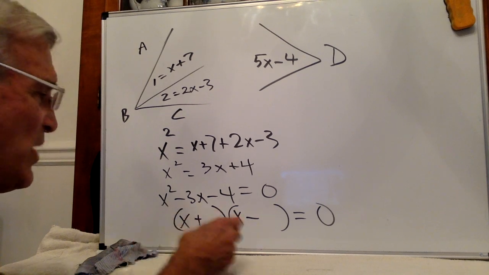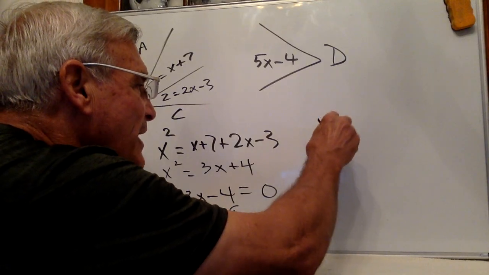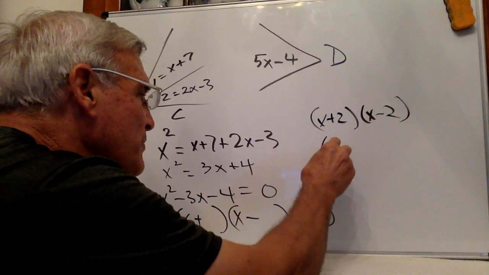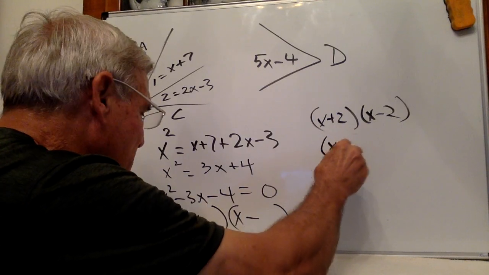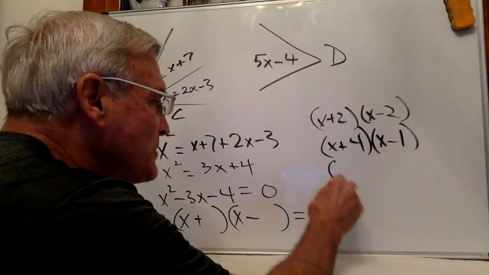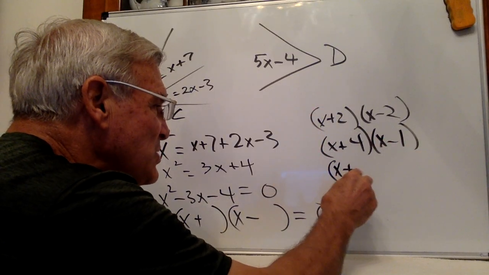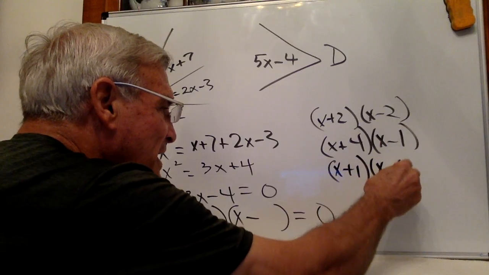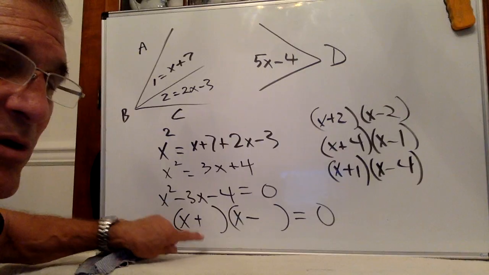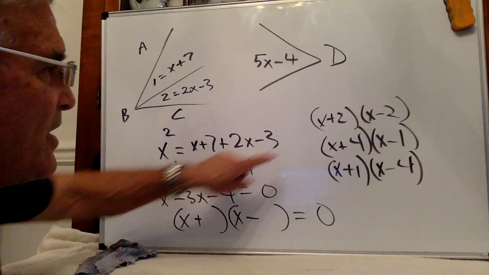So there's only two ways to factor this problem. It's either going to be x plus 2, x minus 2, or x plus 4, x minus 1, or, I'm sorry, three ways, x plus 1, x minus 4. Those are the three ways that I can factor this particular quadratic.